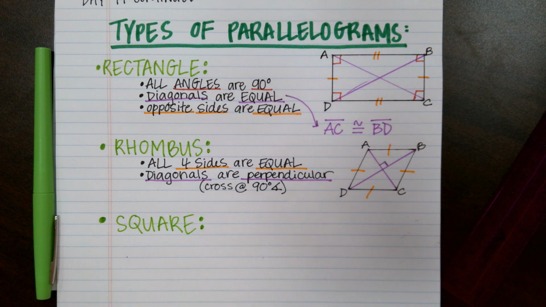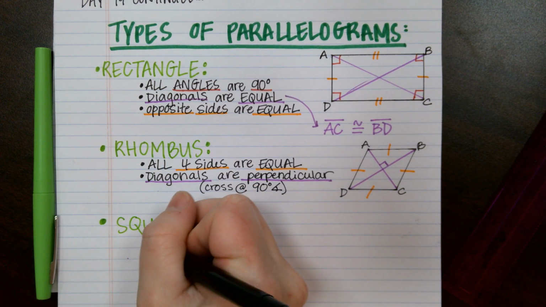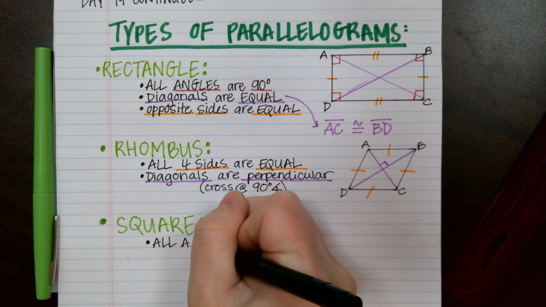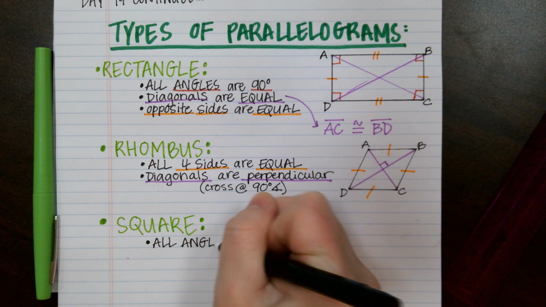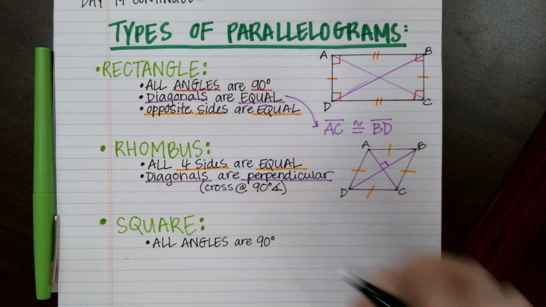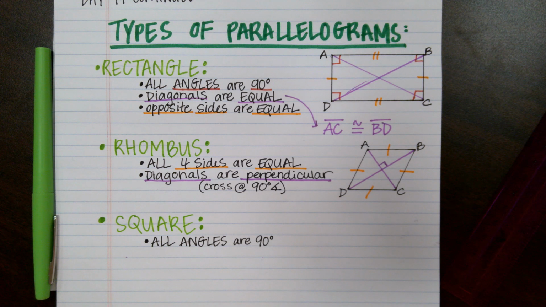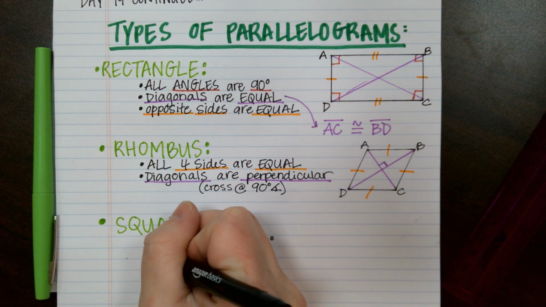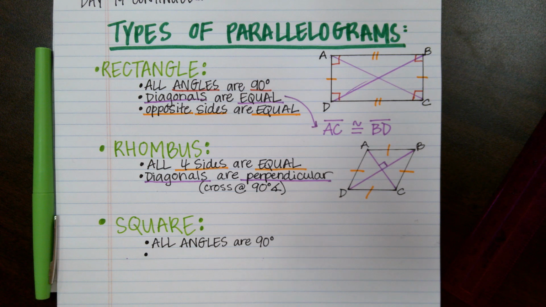They're all right angles. They're all 90 degrees. Good. So all angles are 90 degrees. What do you know about the sides of a square? All equal. Yes, they're all equal.